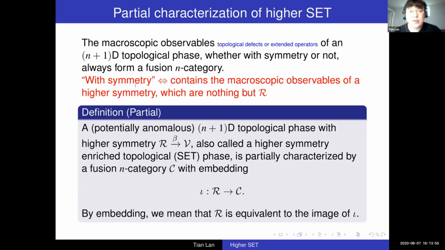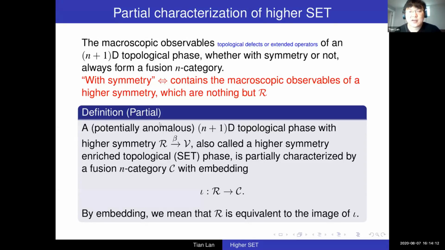And by the term "with given symmetry," it physically should mean you can really measure the macroscopic observables of the higher symmetry, which is in this case just the category R.